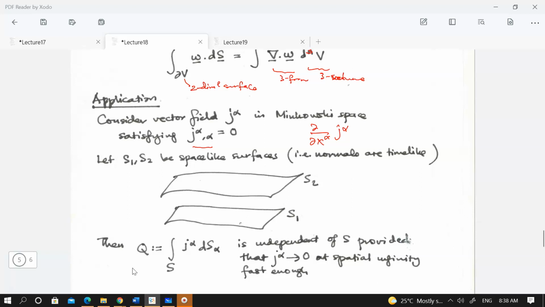But we are trying to generalize this idea to a 4-dimensional space-time rather than just the 3-dimensional space that you normally deal with. So this now becomes the divergence in 4D.